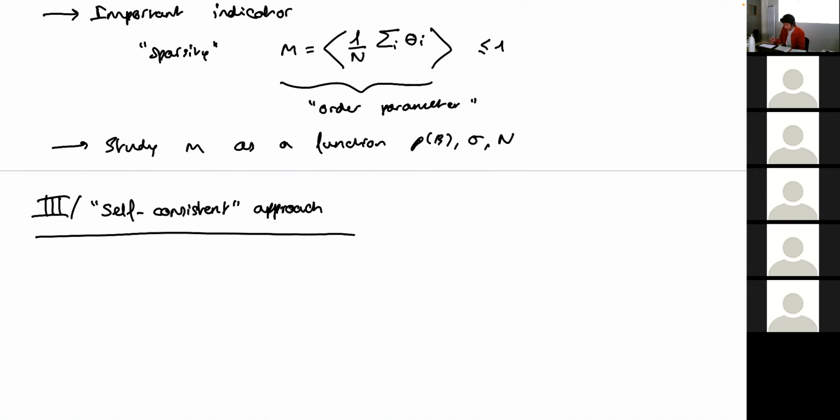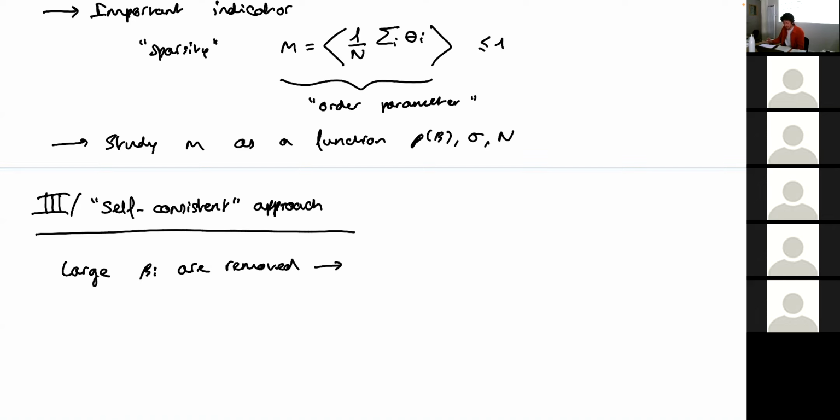Because the large beta I are removed, we can reformulate the whole problem as a threshold. I'll write this beta tilde plus, where the tilde means the threshold is specific to a single draw of the beta I's, such that for all beta I greater than the threshold, beta I will be equal to 0.